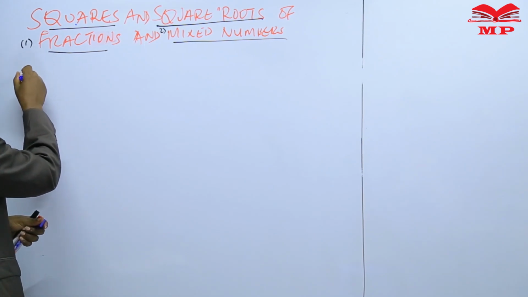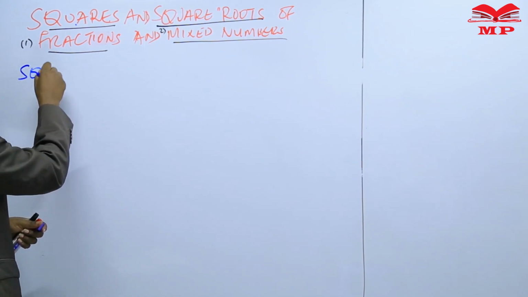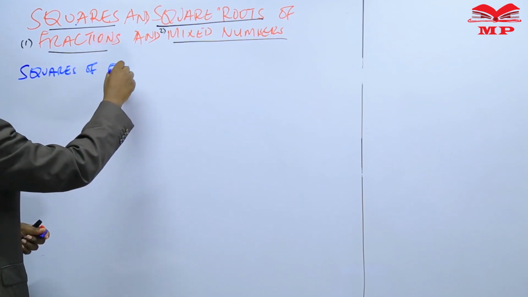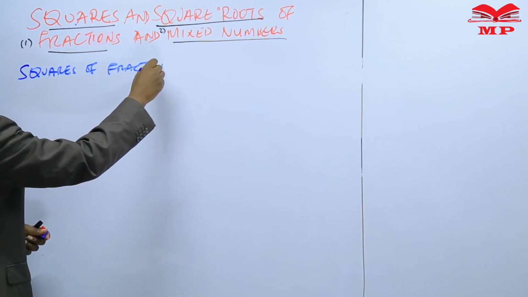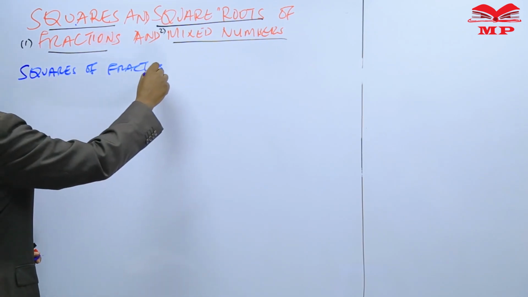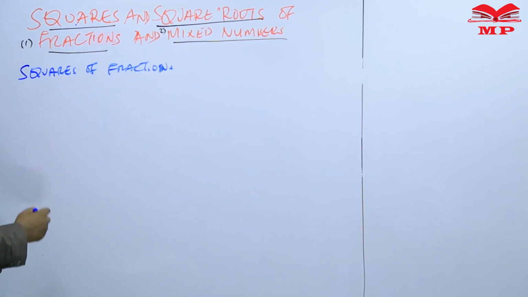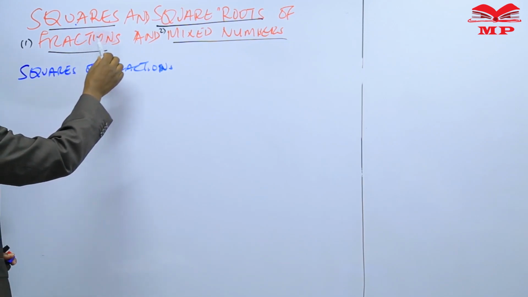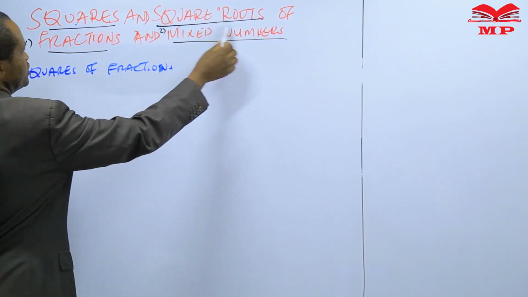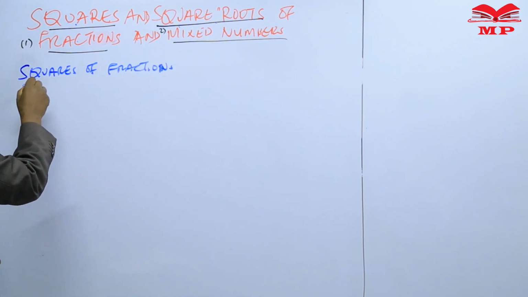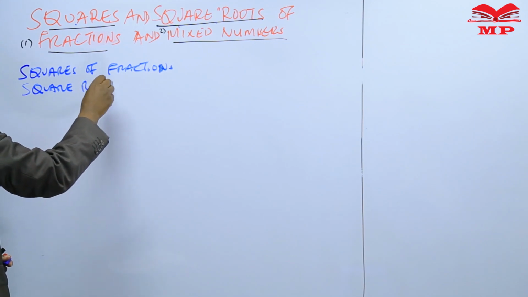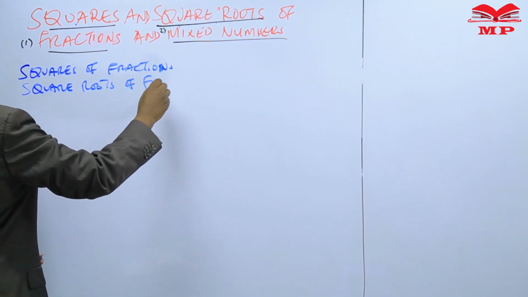We have here squares of fractions. Then you have square roots of fractions.